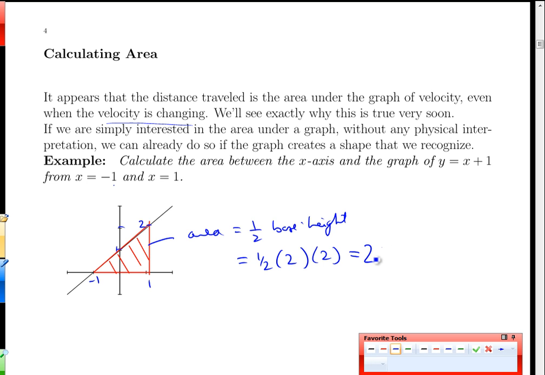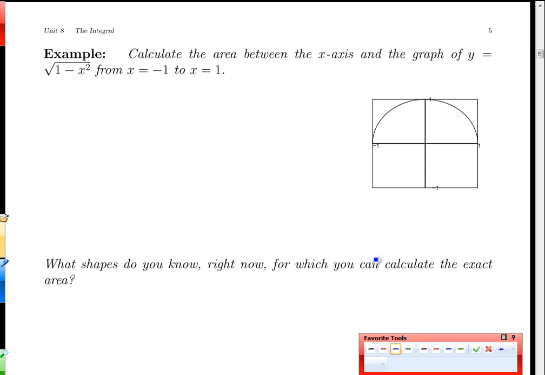Okay, that was easy. This is going to be a cinch. All right. What other kind of areas might we calculate? The area between the x-axis and the graph of y equals the square root of 1 minus x squared. Now that's a little trickier, but if we rewrite that for a second, y equals square root of 1 minus x squared, and let's square both sides.